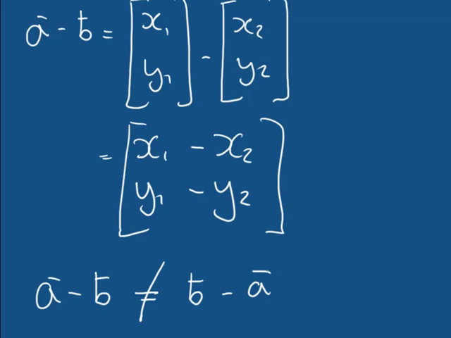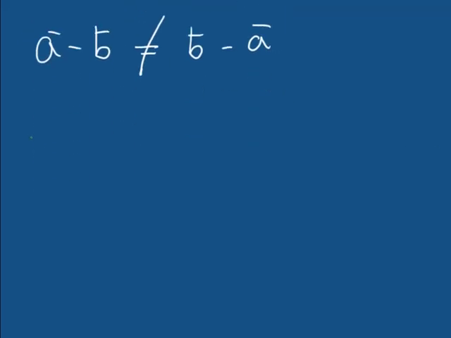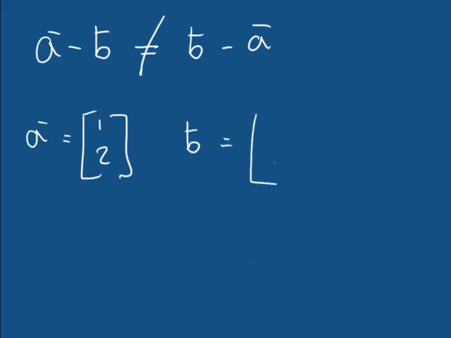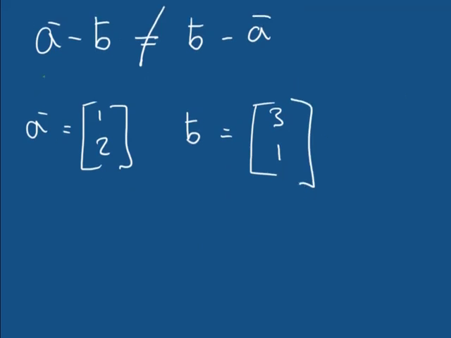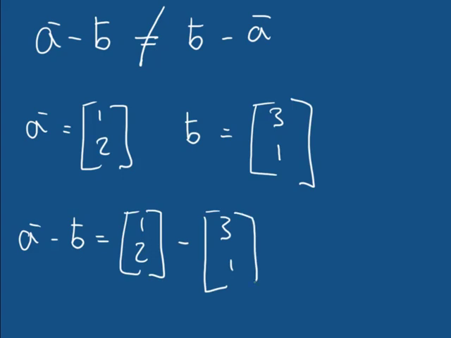And again, we can see this with simple examples. If I was to say that A is equal to the vector (1, 2), and B is equal to the vector (3, 1), we can see this if we were to work out A minus B. Again, the order here is important, so it's equal to A, which is (1, 2), minus B, which is (3, 1).